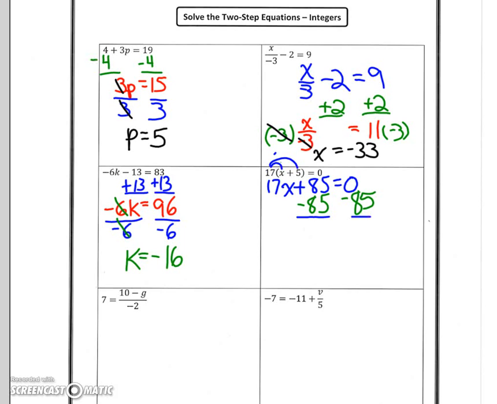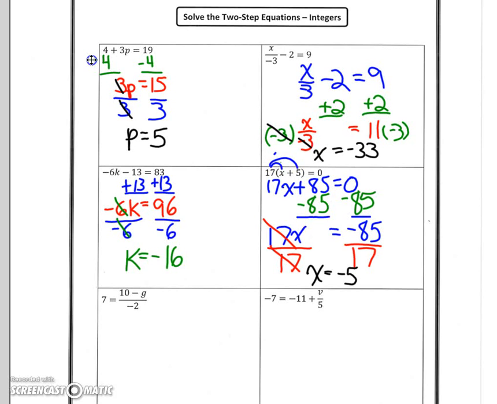That will leave us with 17x equals negative 85. And now we will divide both sides by 17. That will cancel out the 17s. And x equals negative 85 divided by 17 is negative 5. Keeping track of our negatives.